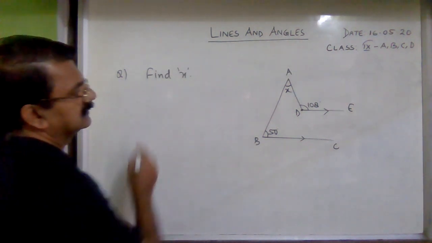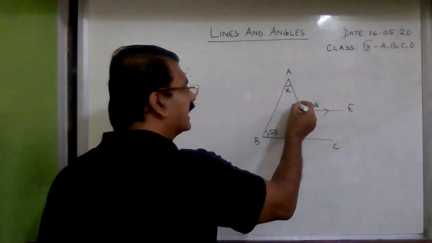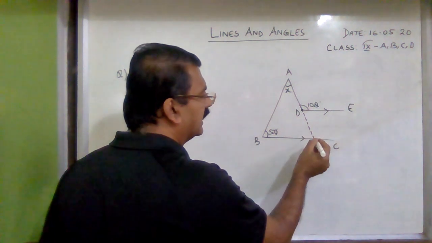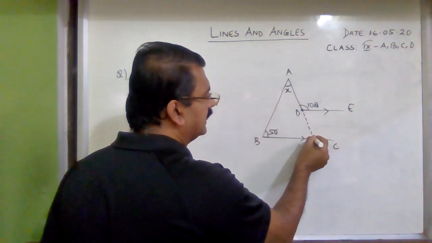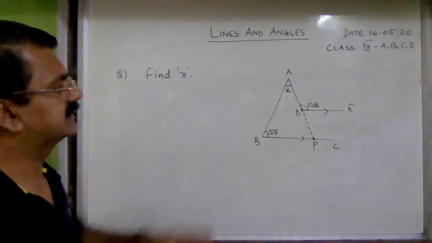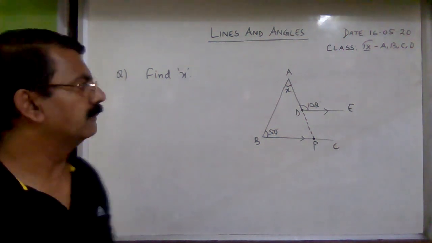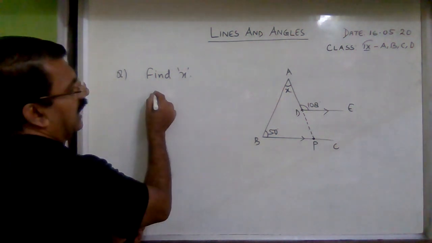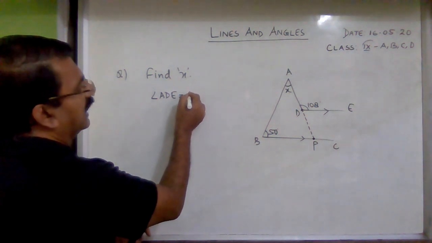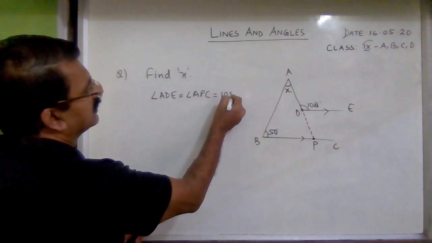Now see, first of all, we will extend AD such that it cuts BC at a point, say P. Now angle ADE is equal to angle APC is equal to 108.